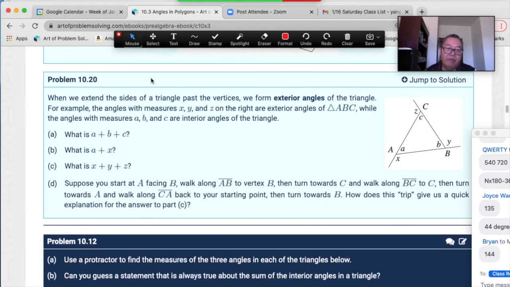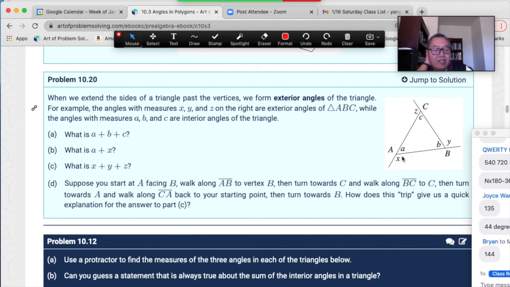Number 20 actually tells us a very important conclusion. See here, when we extend the three sides of a triangle past the vertices, we form exterior angles. Say we have a triangle ABC here, right?